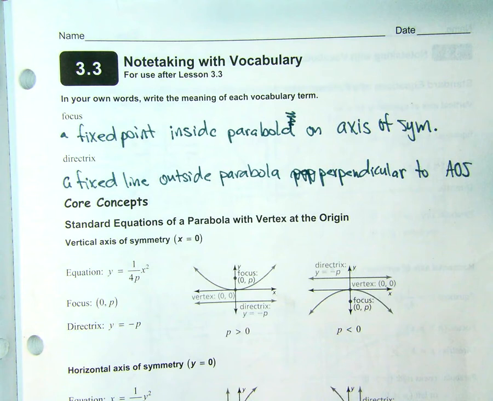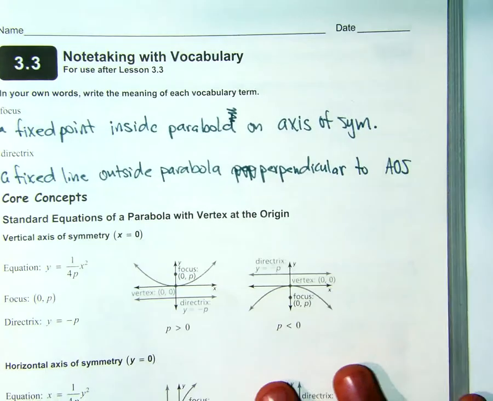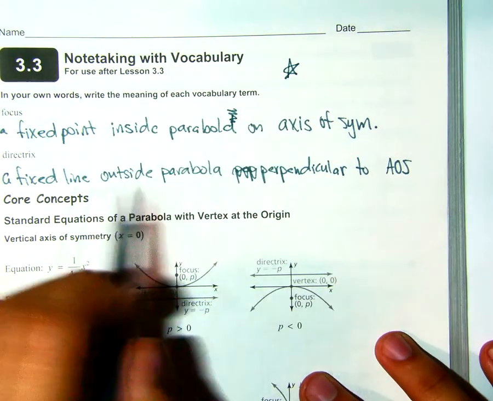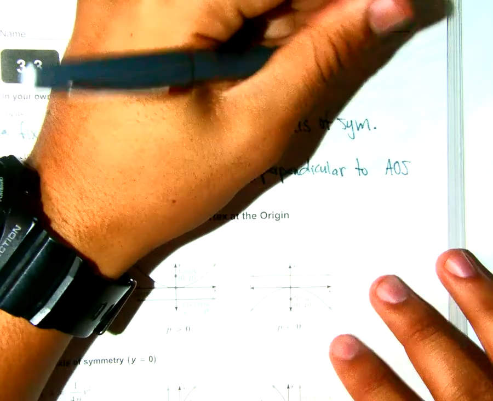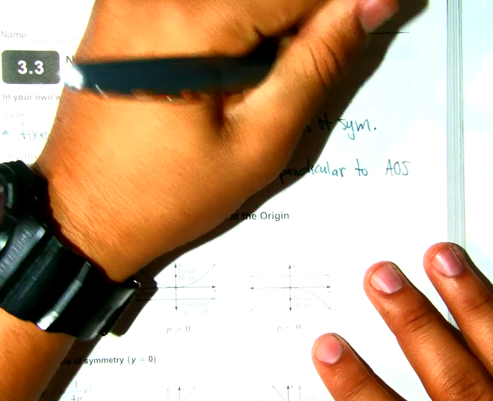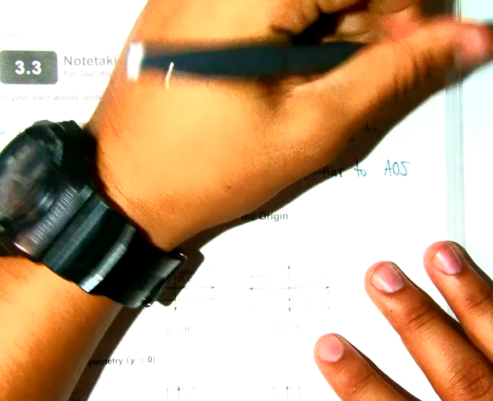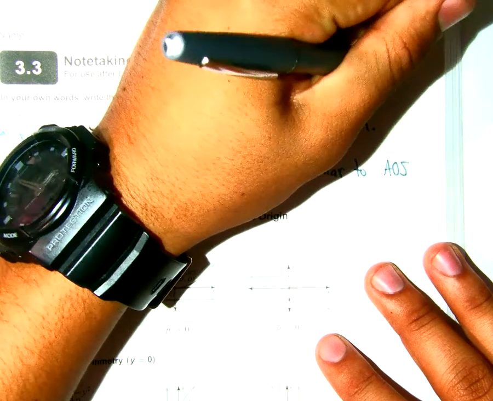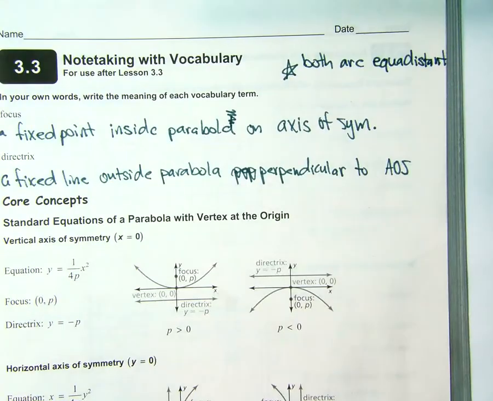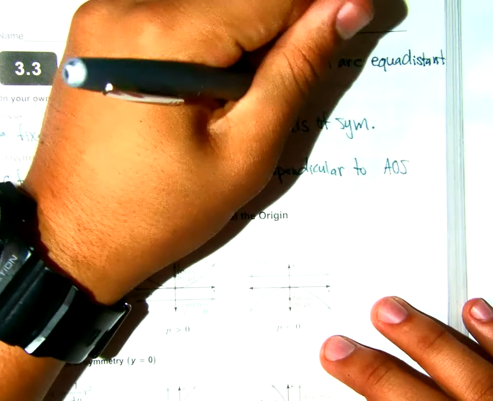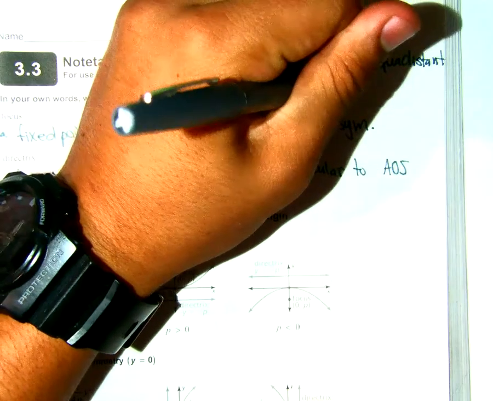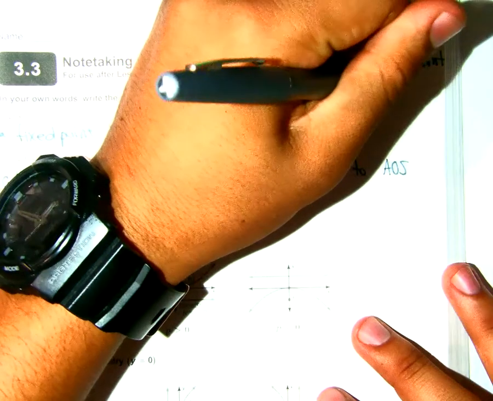Sorry. Okay, and the last thing I want you to put a little star here. Okay, a little star for these two terms, and write both are equidistant from the parabola.